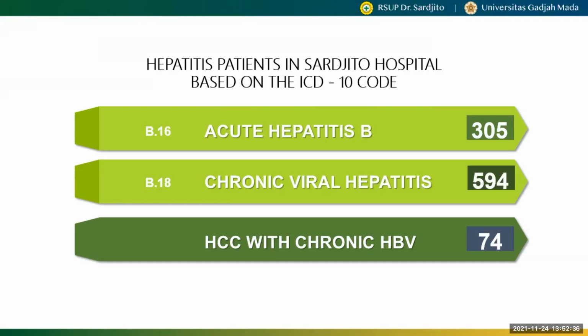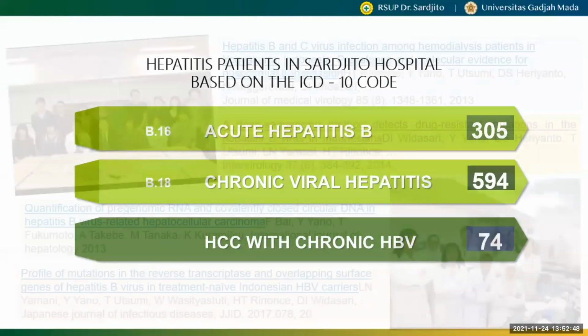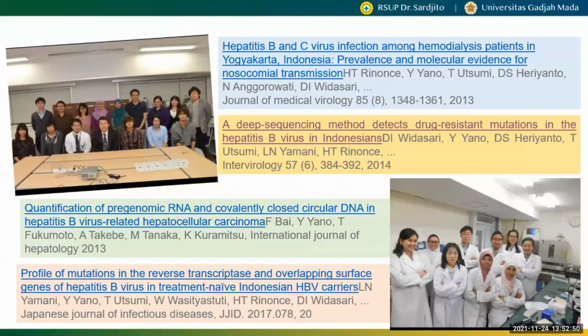So I think this is a very open space for us to do very much research on hepatitis. Maybe I would like to share some studies that we have done previously. It was maybe quite long ago. So I think in this opportunity with Professor Shoji, maybe there will be an open opportunity to have more research in the future on hepatitis.